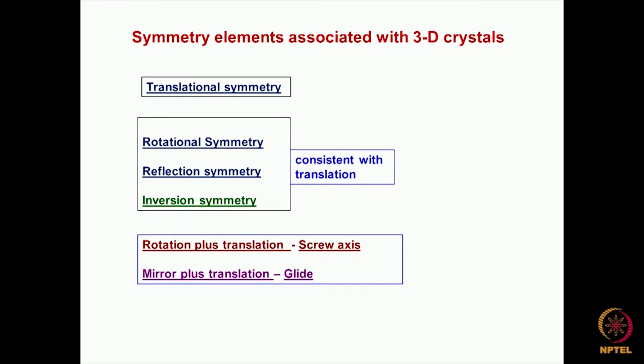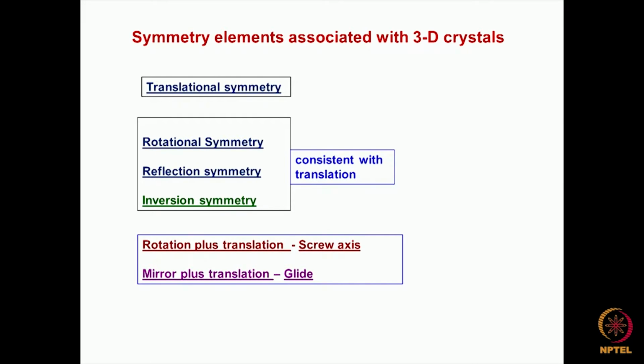Then we have a rotational symmetry element, which we have already seen. Reflection symmetry element, which we had seen. In addition to it, an inversion symmetry element will also come. All this is consistent with translation, but we are considering it around a point.